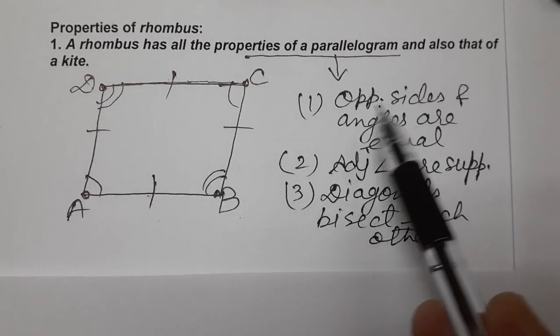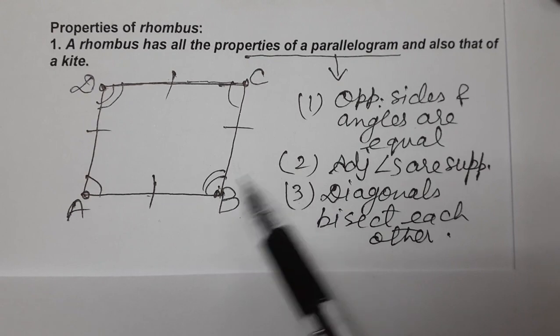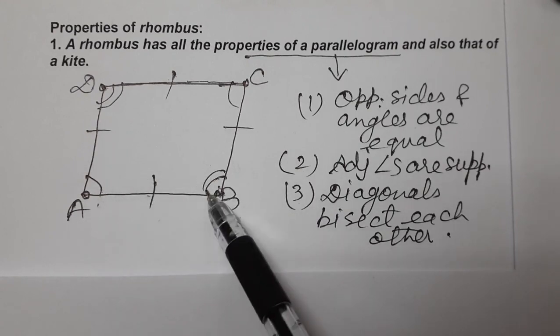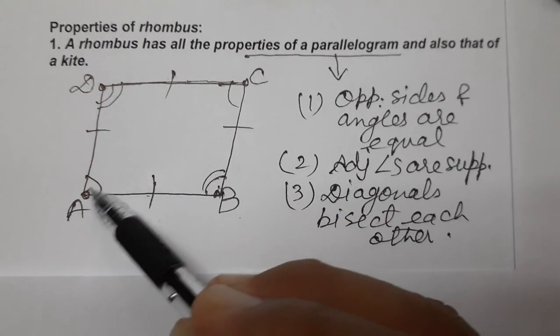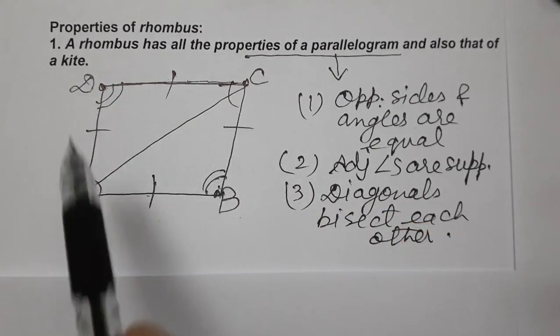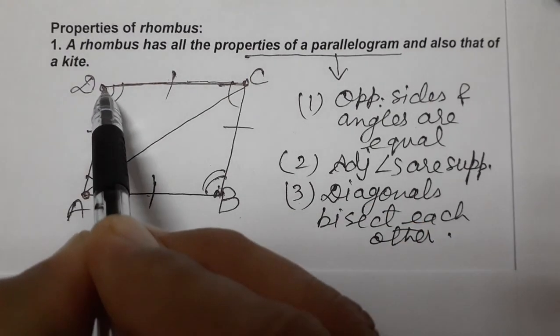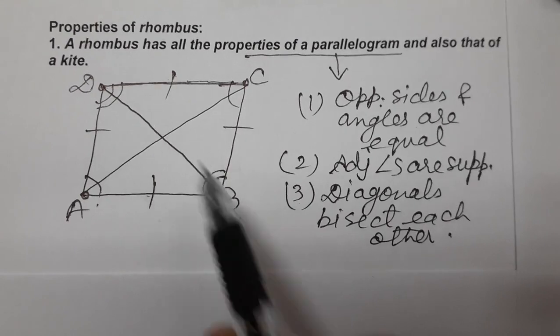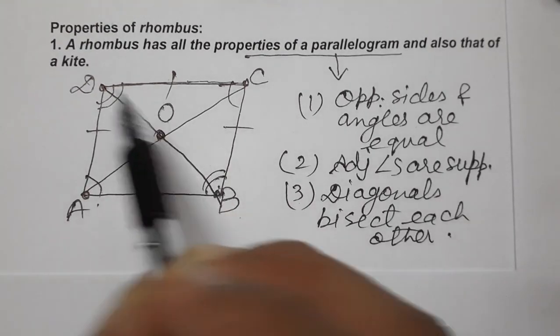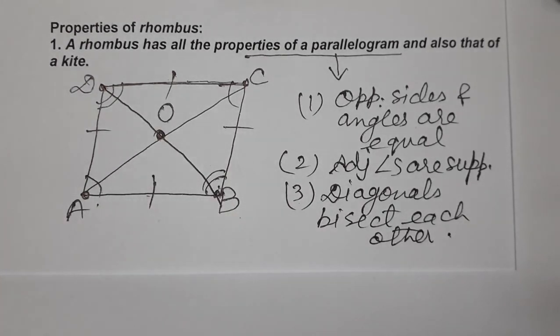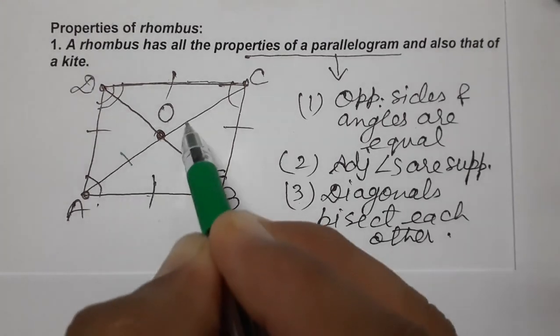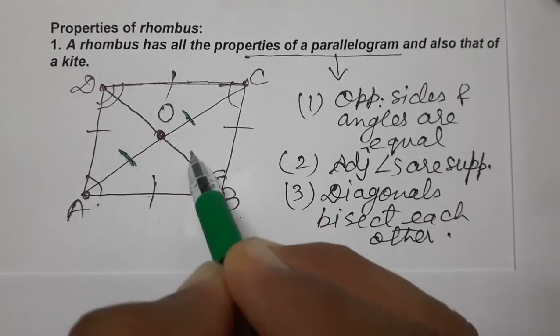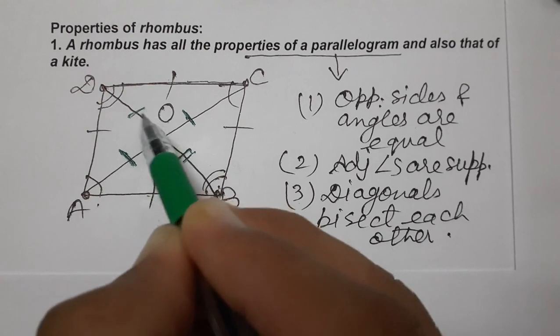Opposite sides are equal, opposite angles are equal, adjacent angles are supplementary, and the diagonals bisect each other also. That means if diagonals bisect at O, then OA equals OC and OB equals OD.